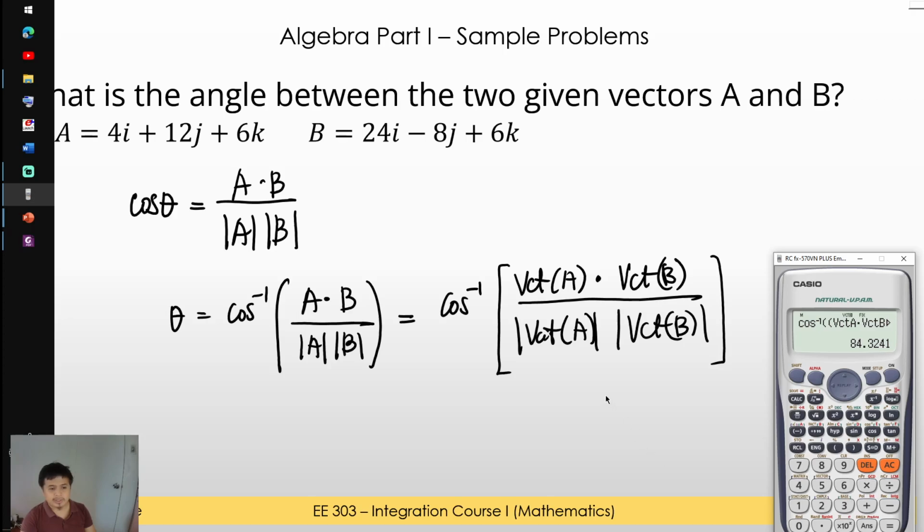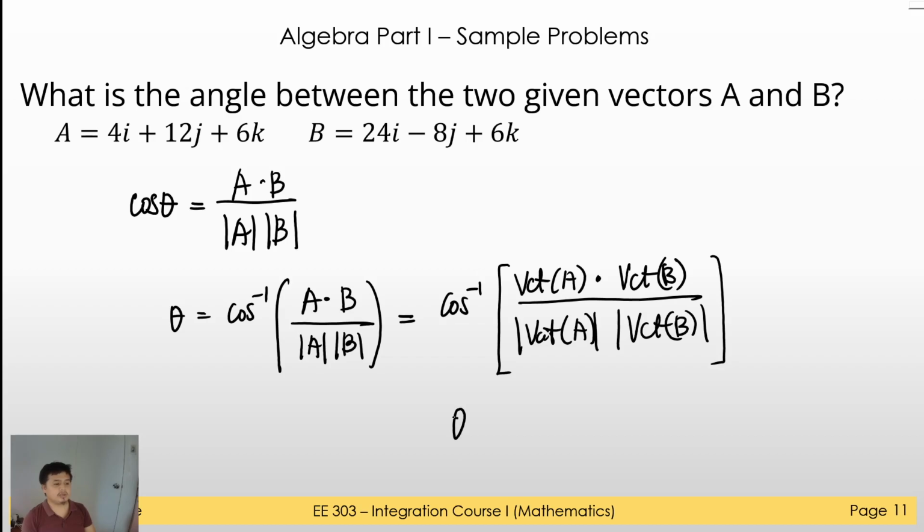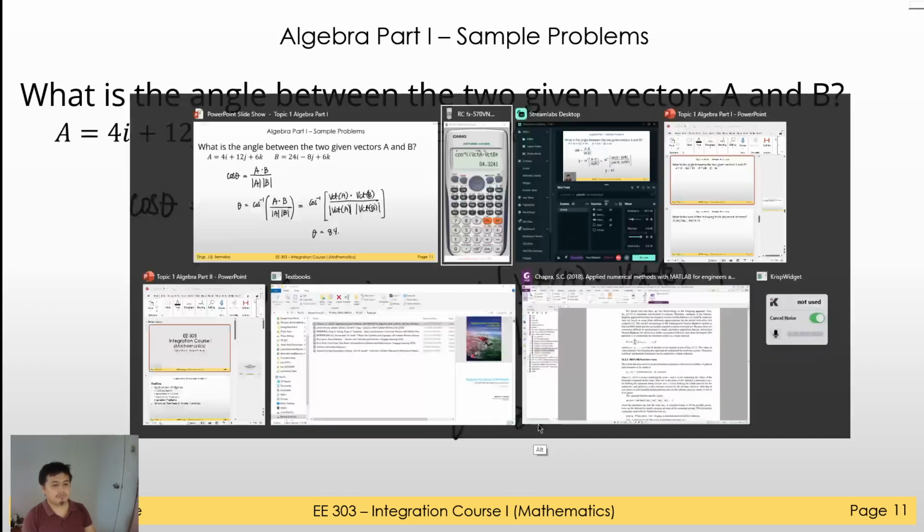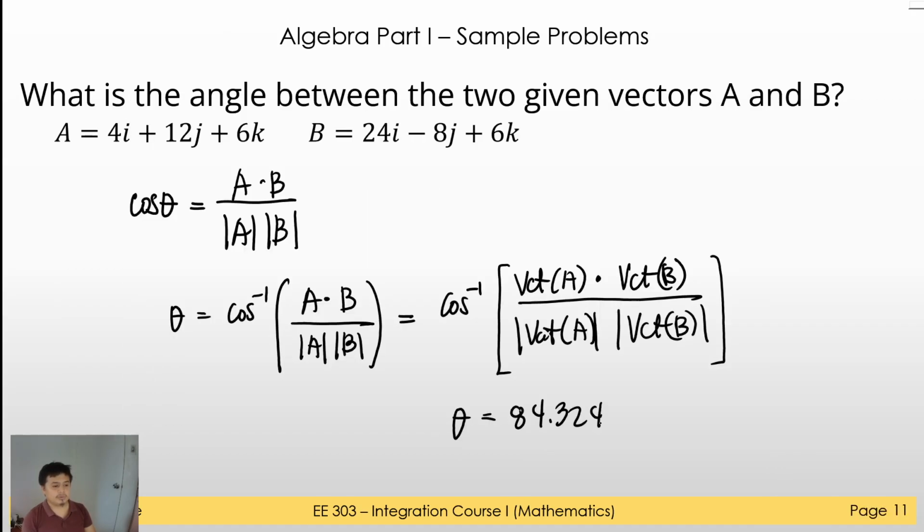The angle here will be 84.32 degrees. So theta will be equal to 84.3241 degrees.